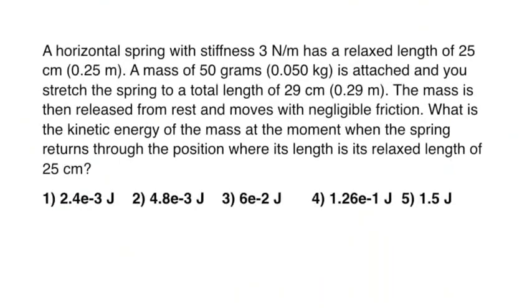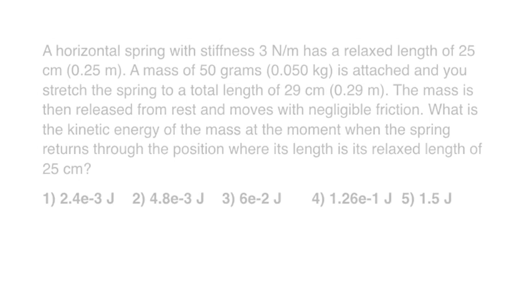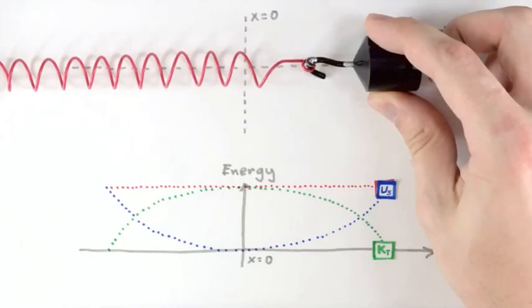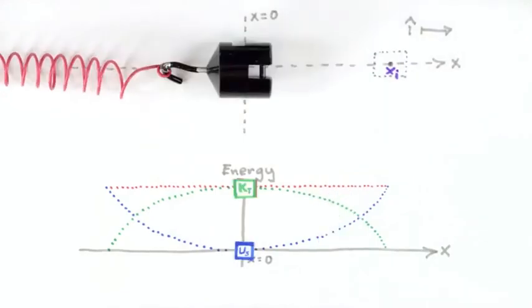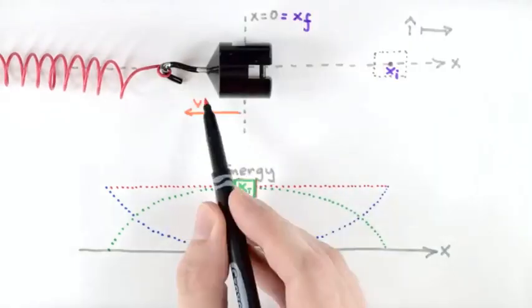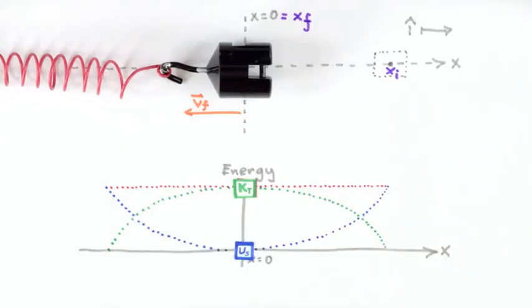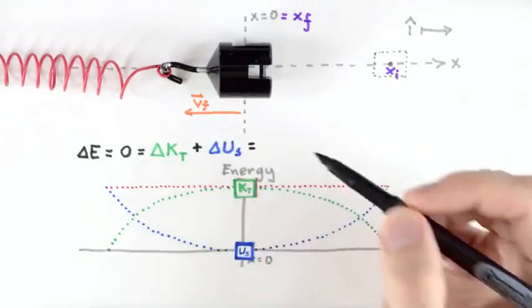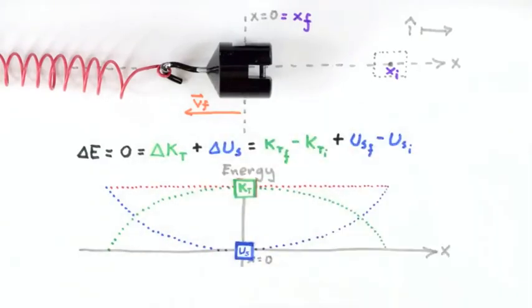Let's apply these ideas for this quantitative problem involving spring potential energy and the energy principle. Here's a sketch of the situation. First, the initial state looks like this, and the final state looks like this, and we show the corresponding points for the initial and final states qualitatively on an energy diagram. Here's the energy principle, where we see that the initial kinetic energy is 0.